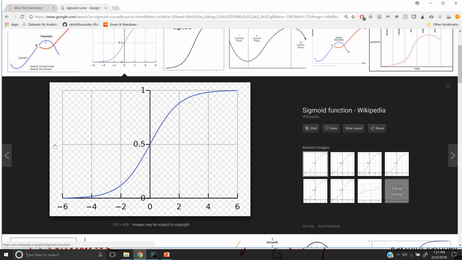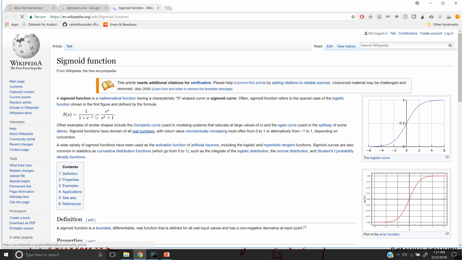So basically a sigmoid curve looks something like this. If you take a look at the equation for sigmoid, this is how it looks. It is basically 1 over 1 plus e to the power minus x. Don't freak out.